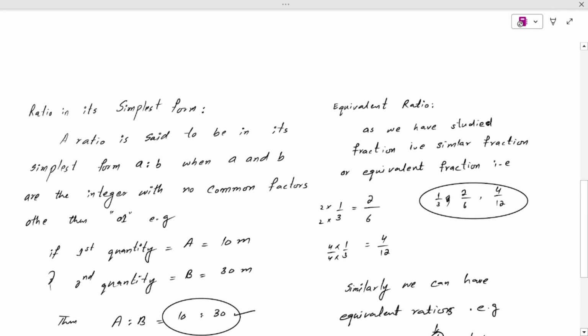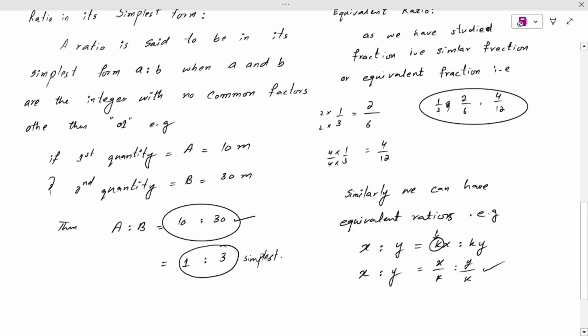So these are the equivalent ratios and the ratios in simplest form. I hope you understand that. I want to discuss one more thing to solve problems involving ratios. We need to see whether the two or more quantities are in the same units or not.